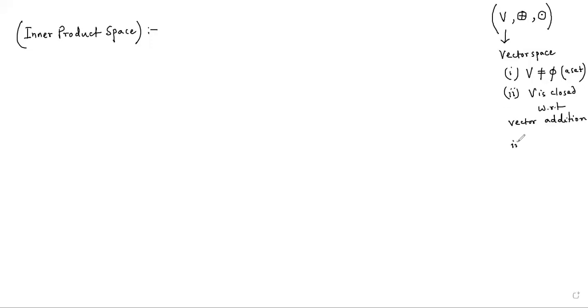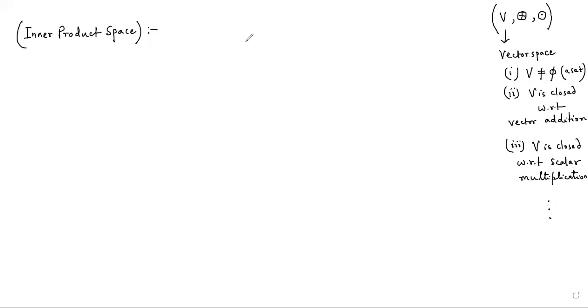And number three, V is closed with respect to scalar multiplication. These are the three fundamental things that come to our mind when we talk about vector spaces. And then some other properties that the elements of the vector space satisfy.